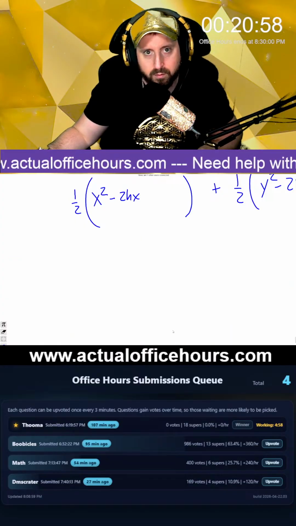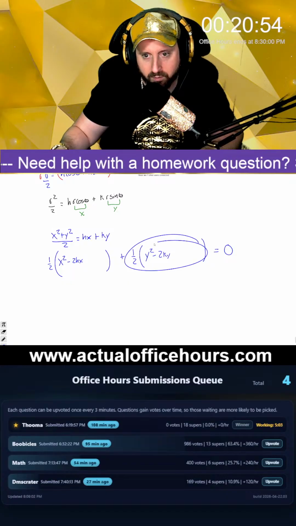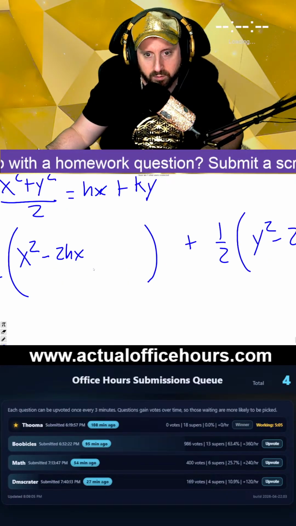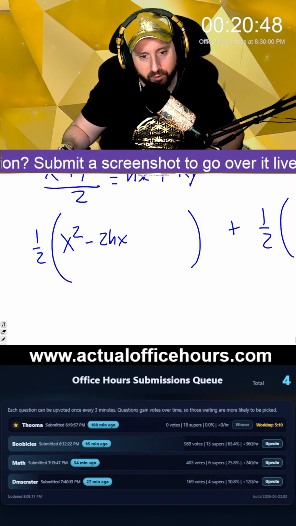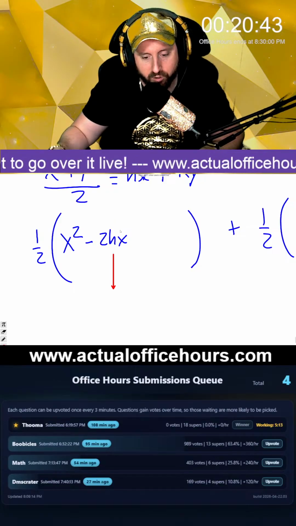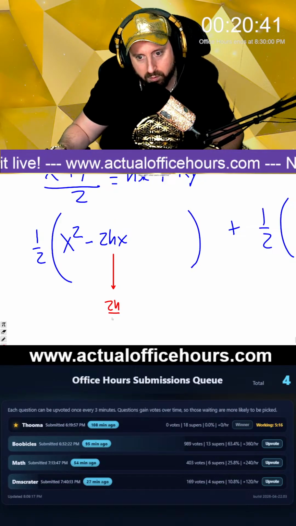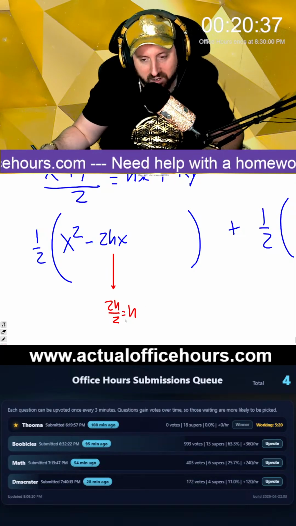Okay. So then I did the same thing here for the y. Now I have to complete the square, which is very related to what Jay was asking for earlier. Completing the square means you take whatever the coefficients are here and you divide them by 2. So that's just going to equal h. And then you square that and you add it and you subtract it.